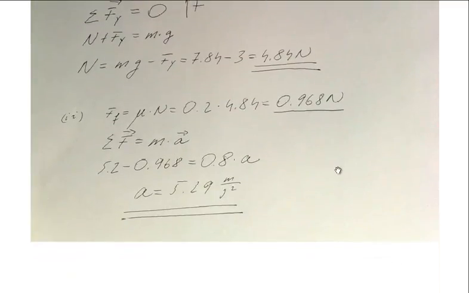So we get 5.2 minus 0.968 is equal to 0.8 times a, and the acceleration is 5.29 meters per second squared.